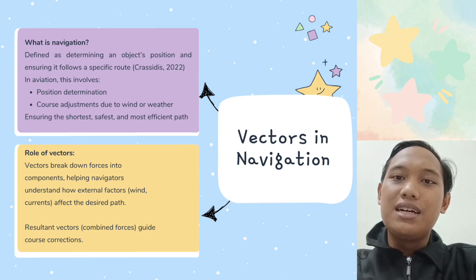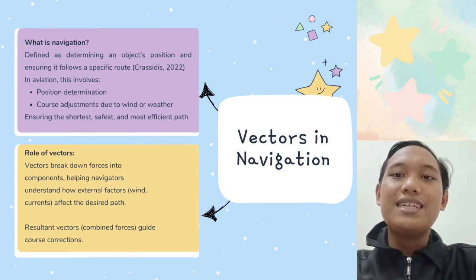For example, imagine a plane that intends to fly directly north. If a strong wind blows from the west, the plane won't end up going straight north. Instead, the wind pushes it slightly to the east. The plane's engine generates one vector and the wind creates another.